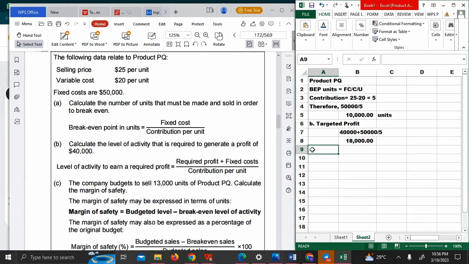The third one is: the company budgets to sell 13,000 units of product PQ. Calculate the margin of safety. And the margin of safety, are you with me, please?